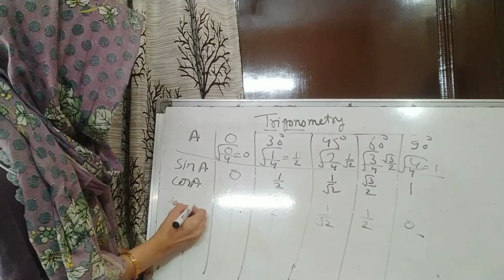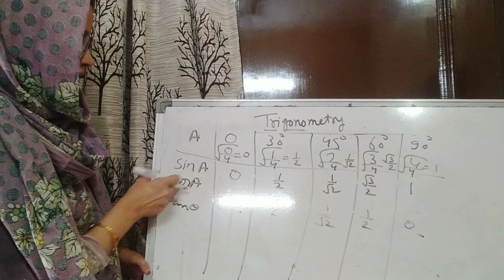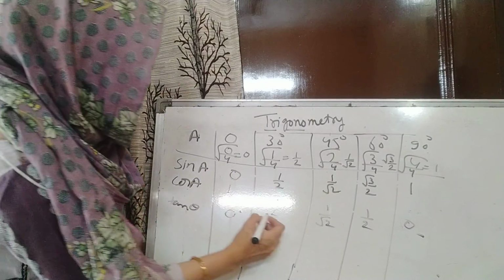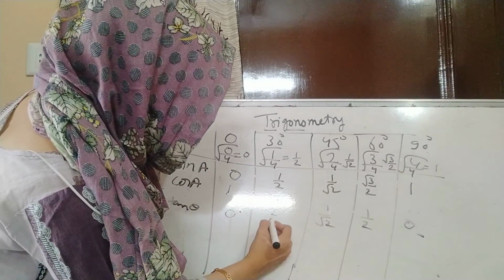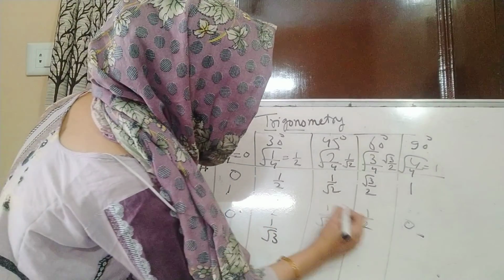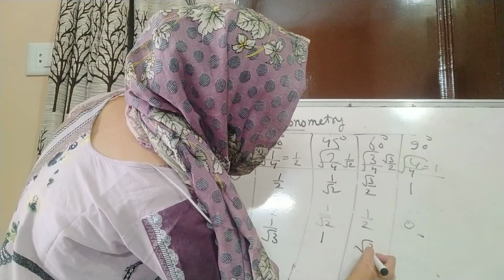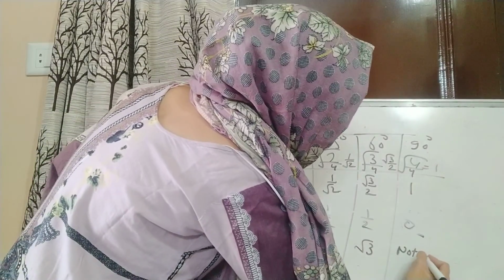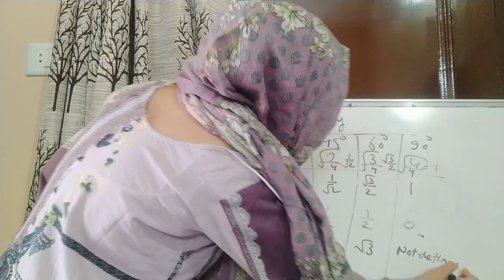Tan can be calculated as sine upon cos. So 0 upon 1 is 0, and this will become 1 upon root 3. This is 1, and this is root 3, and this is not defined. If we get 0 in the denominator, then this number is not defined.